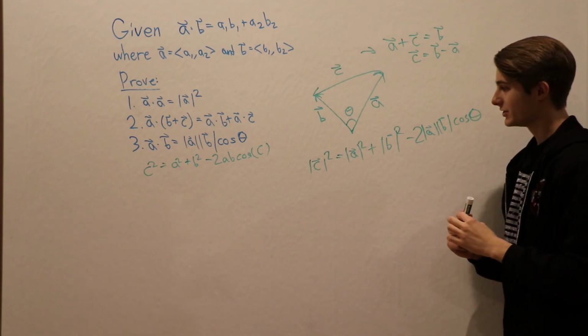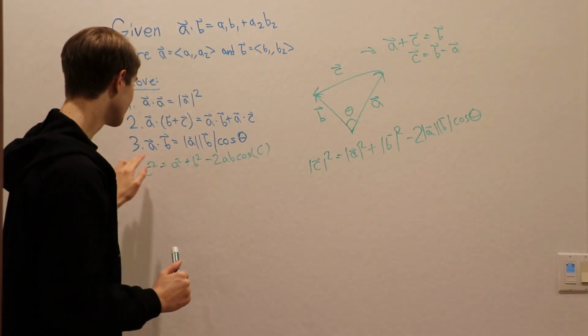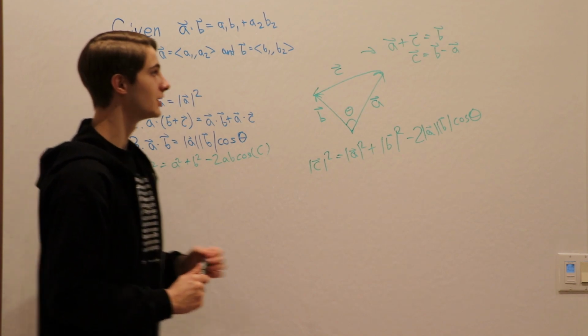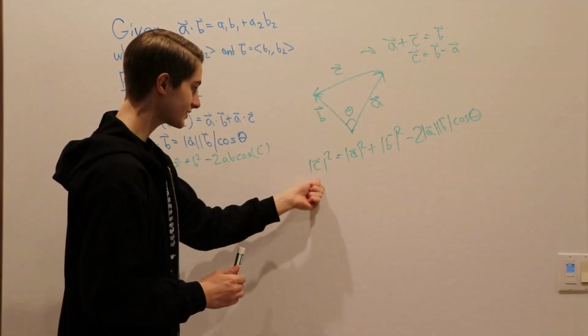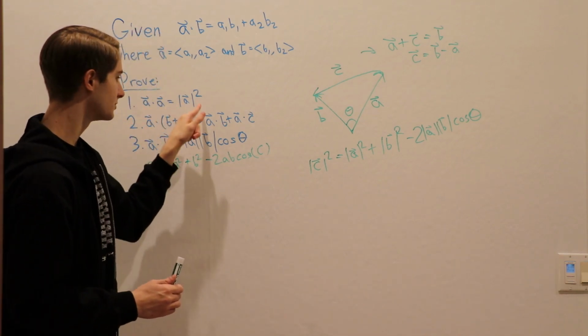But before we do anything else, we want to look at how we can deal with this C squared, because what we want to end up with only has A's and B's. So we're going to have to get rid of this C. Luckily, we know that C is equal to B minus A. Remember that we know A dot A equals the magnitude of A squared.